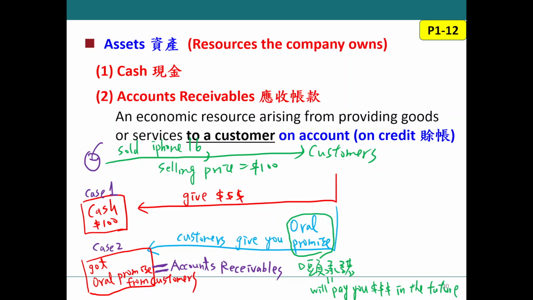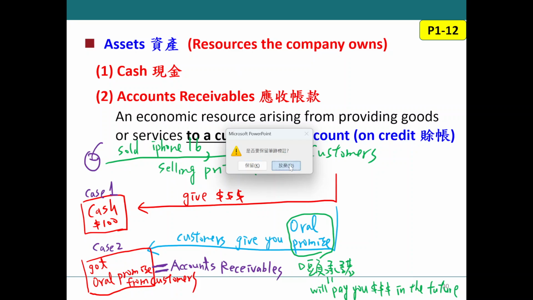This is our resource. Will it help you get the cash in the future? Yes, right? Because in the future, after 2 or 3 months, you will get the cash from customers, right? So will you get the economic benefit? Yes. So that's your assets. Any questions? No problem?